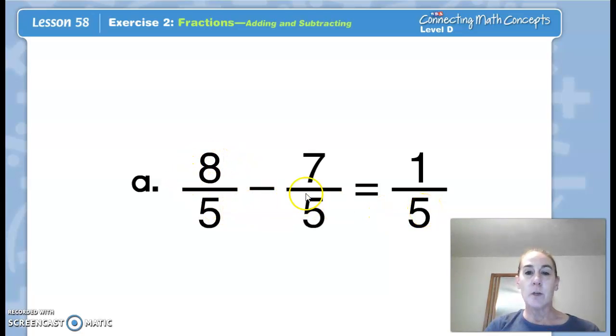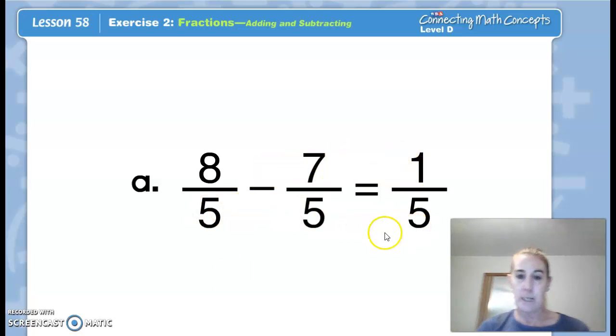So on your worksheet, you'll see something like this: 8/5 minus 7/5 equals, and we're basically just subtracting the top number. So 8 minus 7 equals 1, and the denominator stays the same.